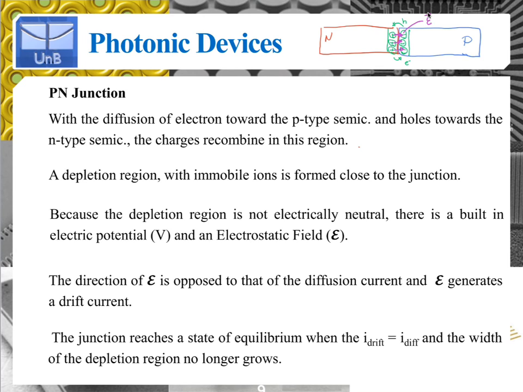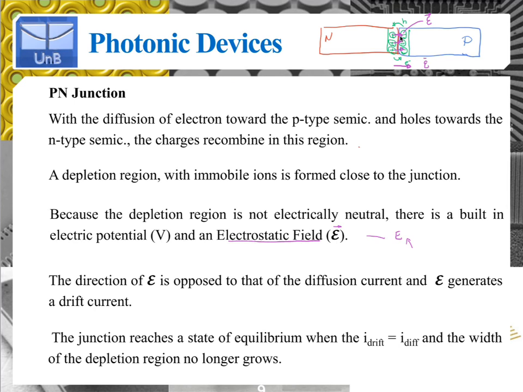Now I'm using cursive E here in order to distinguish between electric field or electrostatic field and energy, right? We have been using capital E to represent energy. So this here is an electric field in this direction, from the positive charges, the immobile positive ions, to the negative charges.